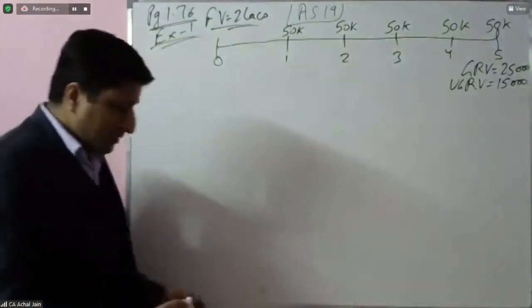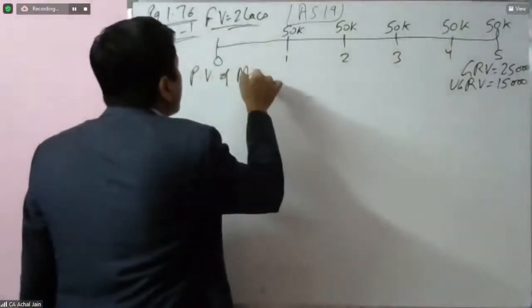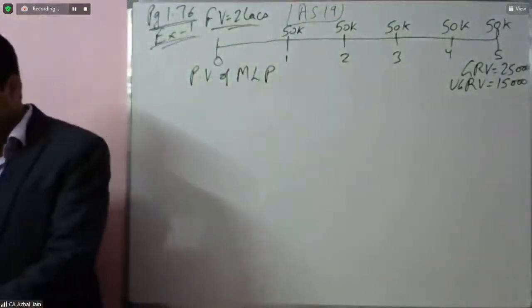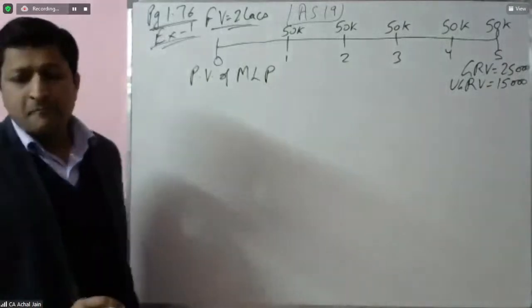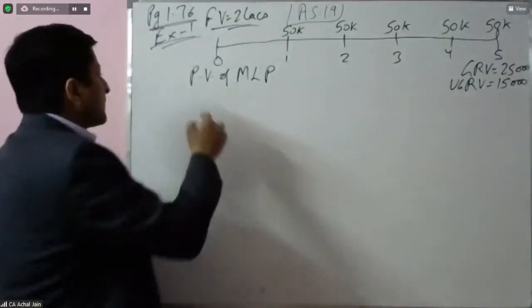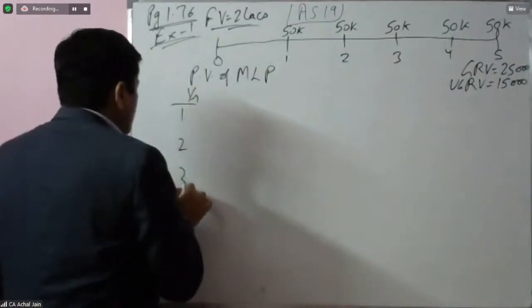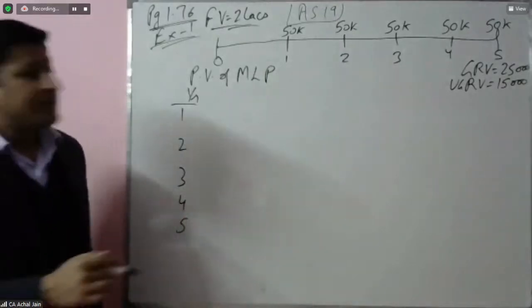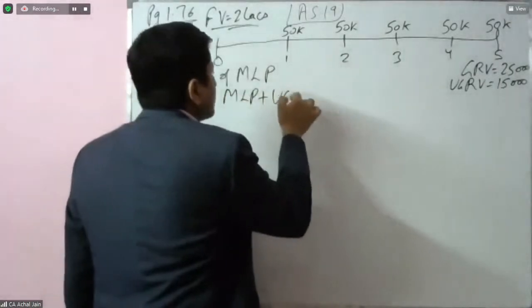Okay. So now, present value of MLP, we need to compute. So we have 5 years. Year 1, 2, 3, 4, 5. And we have MLP plus UGRV.